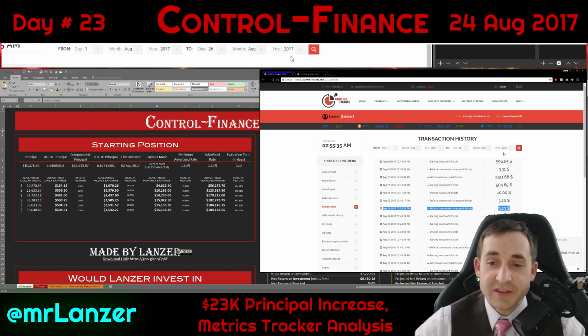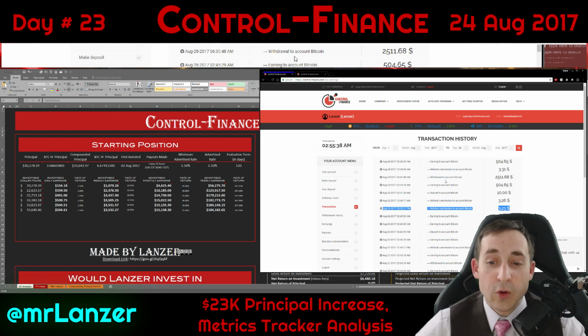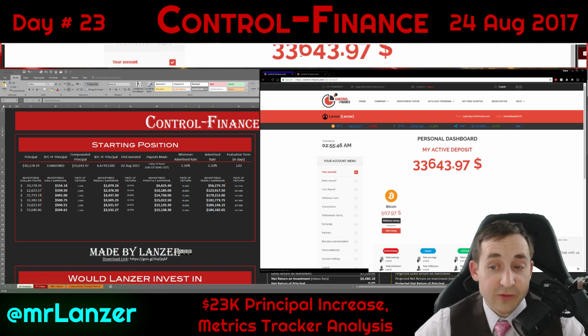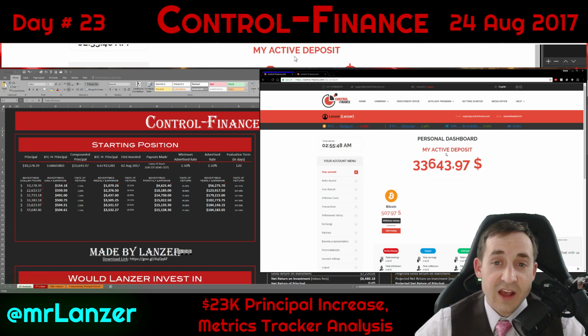So what I did was I decided to reinvest the commission back into my active deposit account, and lucky for me, Control Finance has a true compounding interest mechanism. Unlike Bitcoin, when you reinvest, it creates a separate loan for the amount that you reinvest.